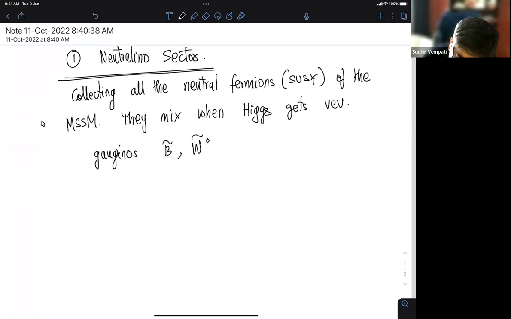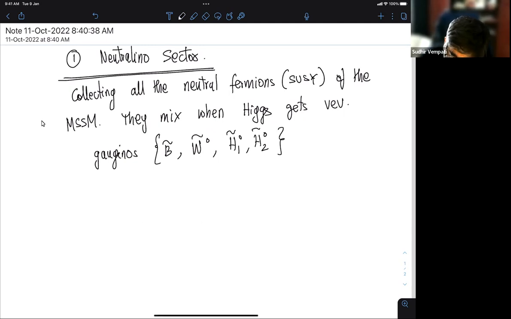I'll put a 0 here to distinguish between the neutral component and the charged component of the W, essentially. So there is a bino and a wino, which mix. But then they also mix with the Higgsinos. These four start mixing amongst themselves.